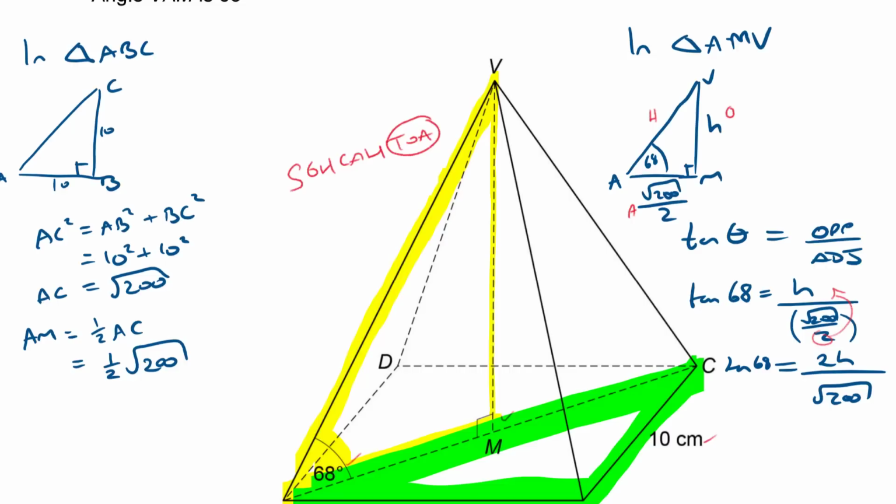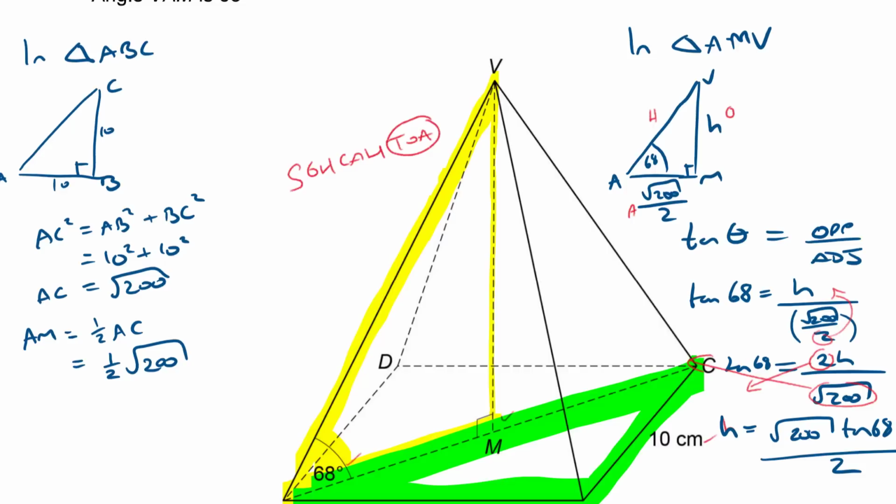So reorganizing that for H, let's just switch back to blue. H is equal to, rearranging that, cross multiplying the root 200 up there and the 2 down here, it's going to give me root 200 tan 68 all divided by 2.